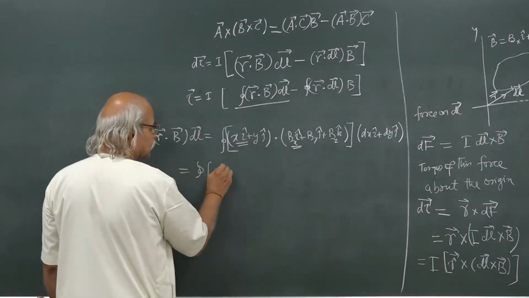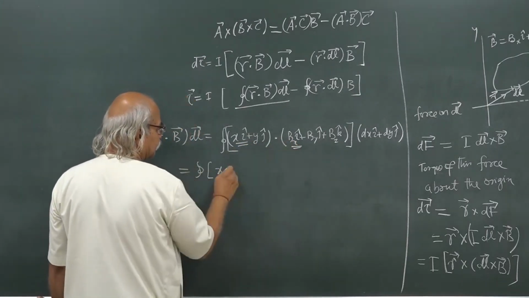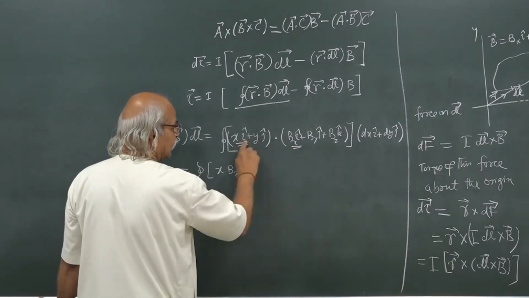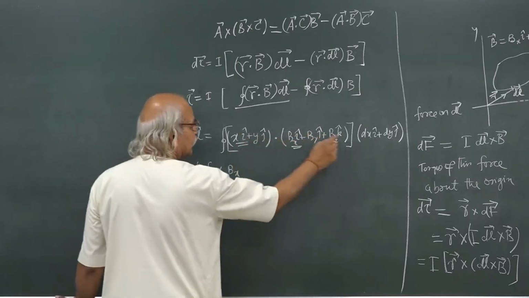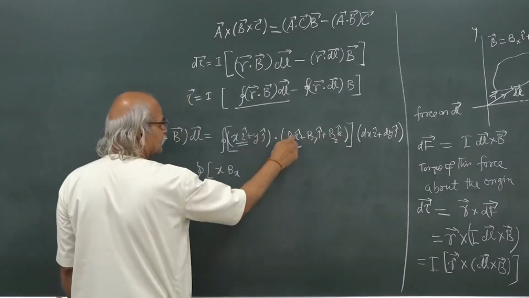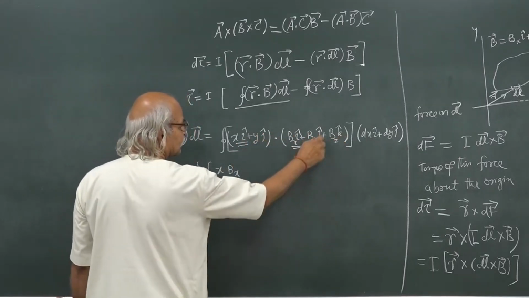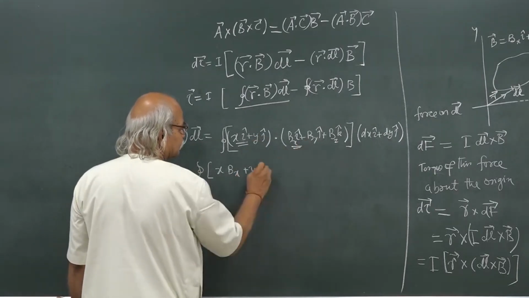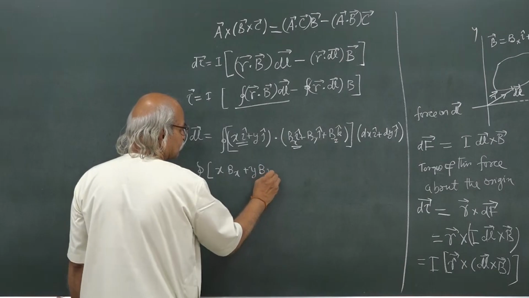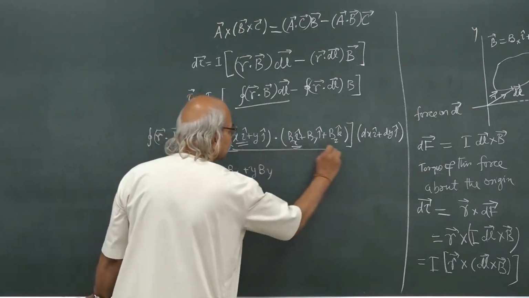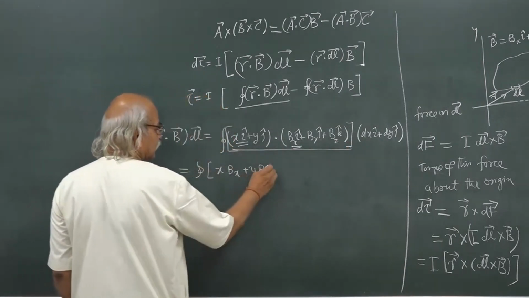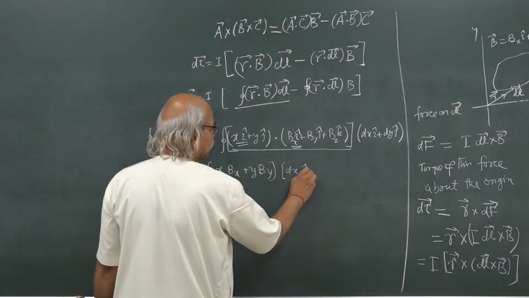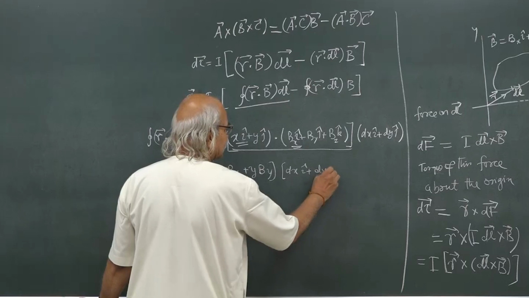So it is x and then bx. i dot j is 0, i dot k is 0, then j dot i is 0, and j dot j is 1. So plus y and then this by. This is this part, this is this part, and then you have dx i cap plus dy j cap.